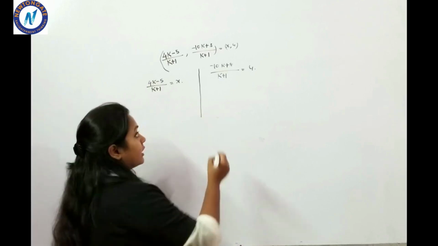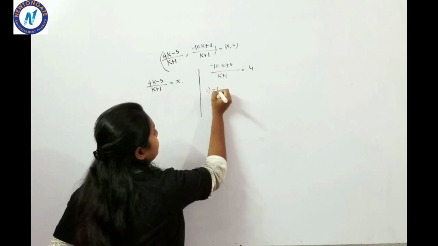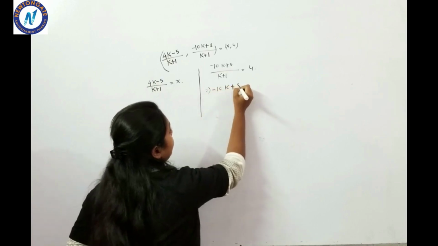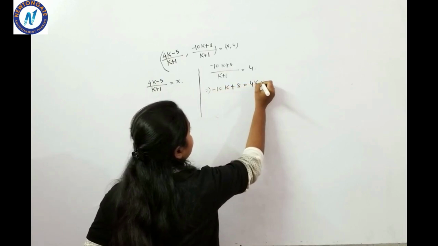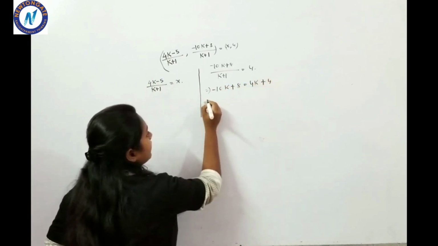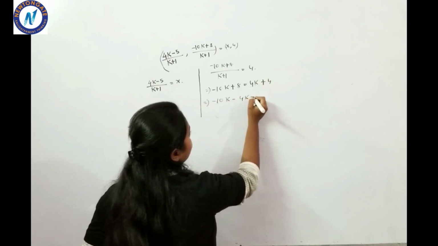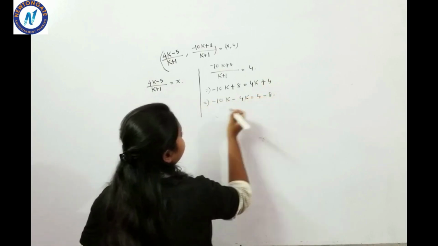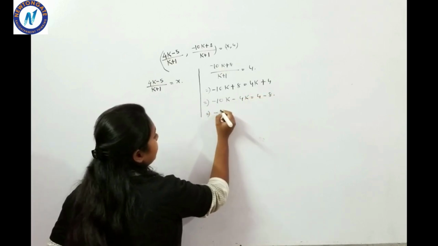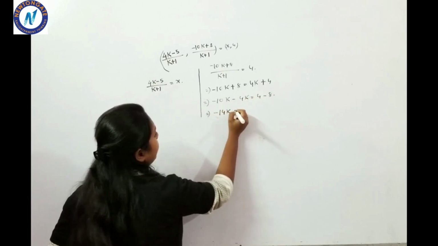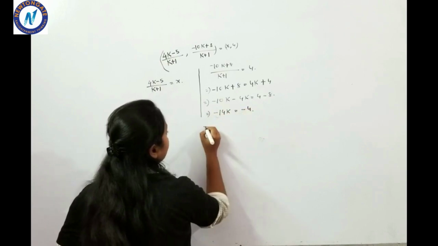From the second equation, we will find minus 10k plus 8 equals 4k plus 4. Then minus 10k minus 4k equals 4 minus 8. Then it gives minus 14k equals minus 4.